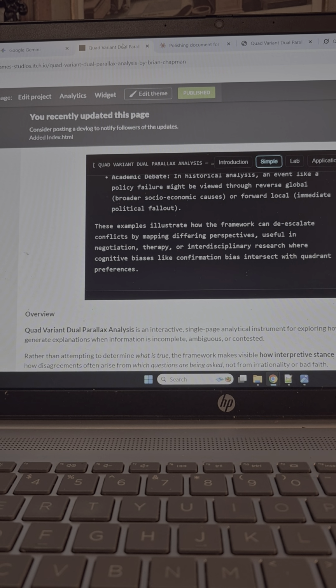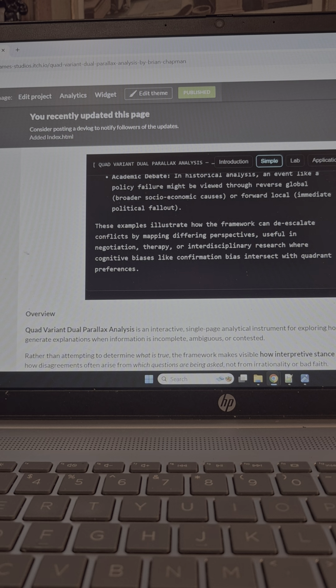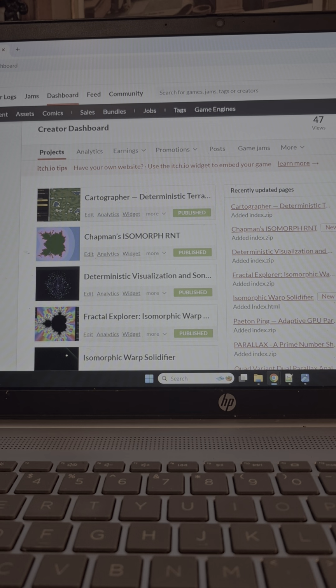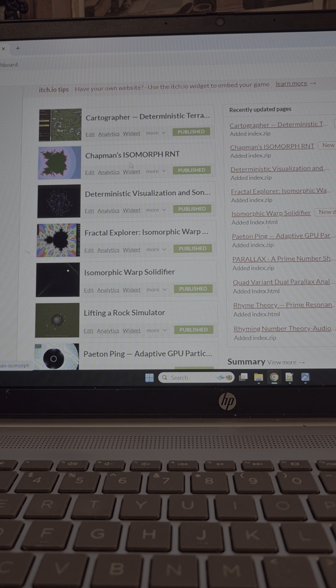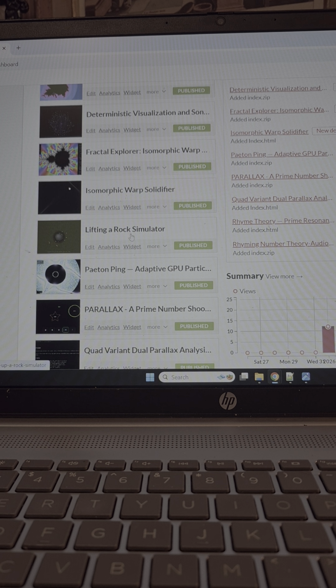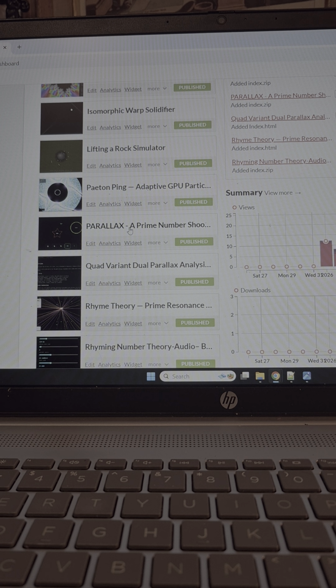Just a brief walkthrough of what we have going on here. We're at our itch.io account where we have our various artifacts: our cartography, fractal explorers, lifting up a rock simulators, asteroid shooters.